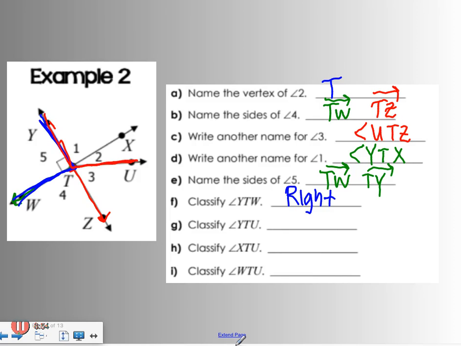YTU, agreed. Classify XTU. This little guy. And then WTU. Yes.